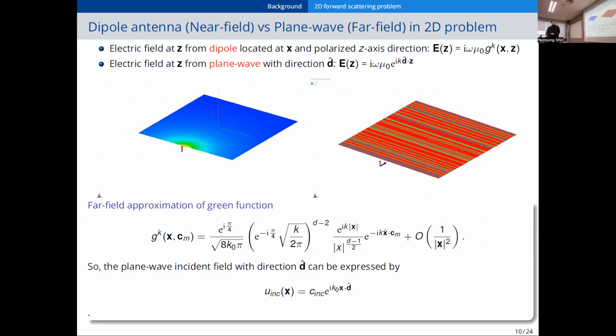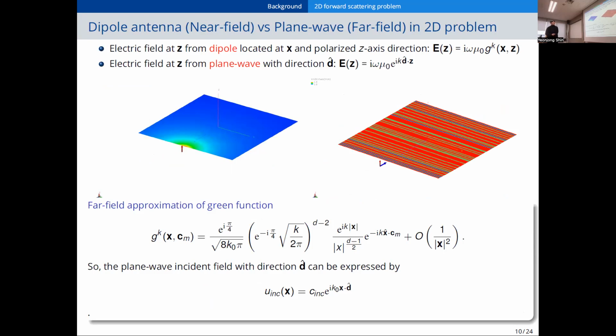Now let's study what is the meaning of the far field or plane wave. The electric dipole antenna source is expressed in Green function form like this one, where omega is the angular frequency, mu is the background permeability, and G_k is the Green function. The shape of the dipole is like this in 2D, emitted at this point.